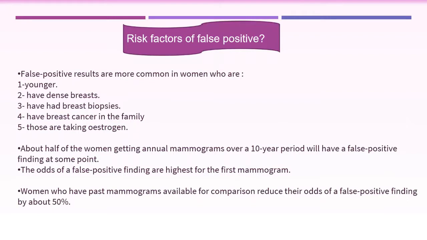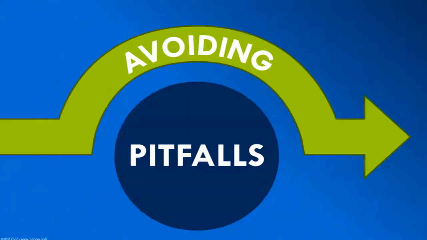The false positive findings are highest for the first mammogram. However, those who have a previous mammogram will definitely have reduced false positives by comparative study, and it was found to be reduced by up to 50%. Okay, if we would like to avoid something, definitely we need to understand about it.